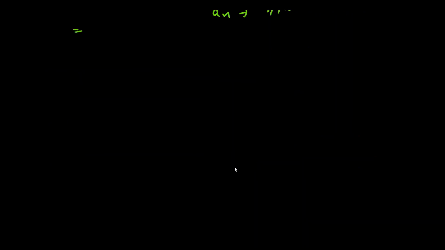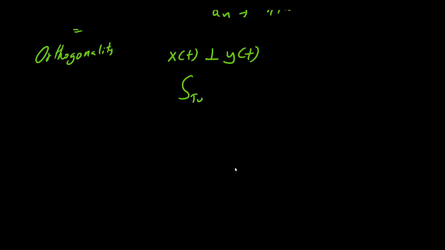So let us first define what is orthogonality. The signal x of t is orthogonal with y of t if, over a time period t naught, we multiply x of t by y of t and find the area by means of integration, and the result is 0.